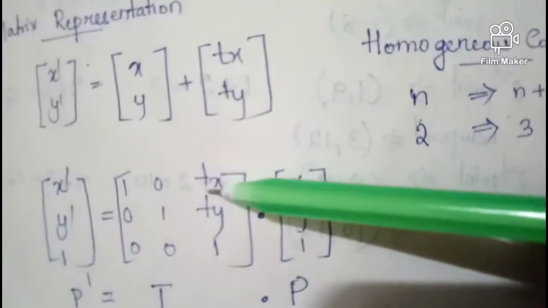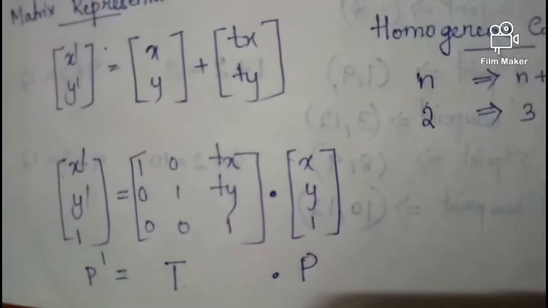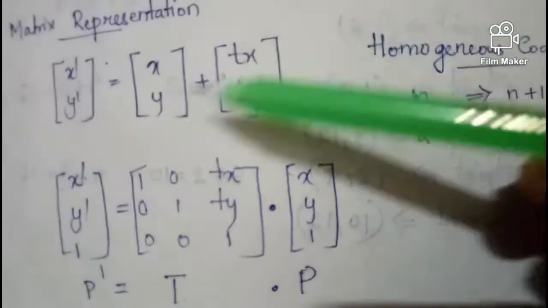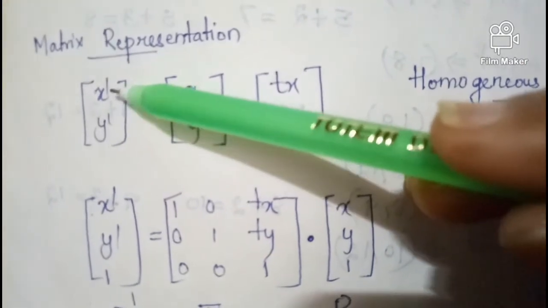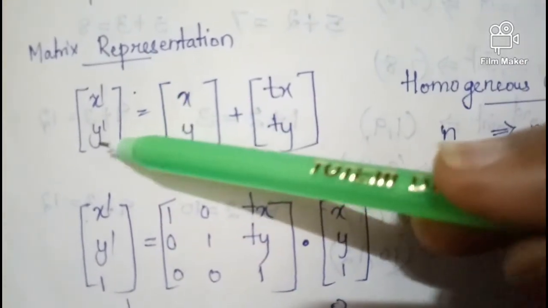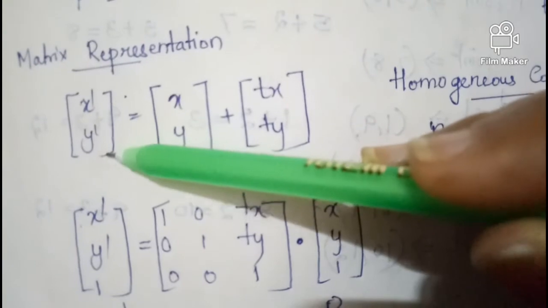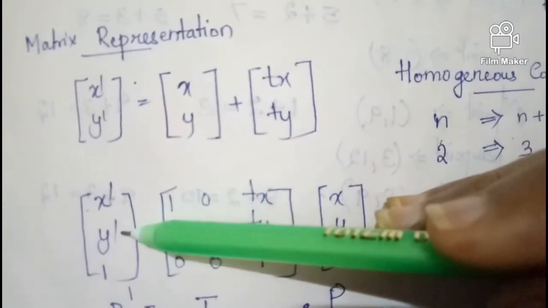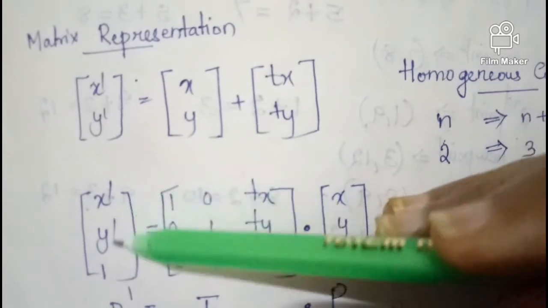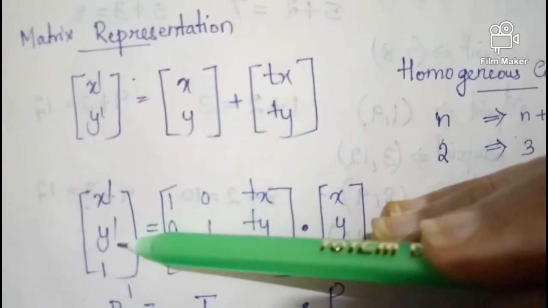This is the matrix representation in homogeneous coordinates. Initially the matrix P dash was written as x dash y dash. Now I am going to rewrite the matrix for P dash as x dash y dash 1. Already 2 parameters were there.